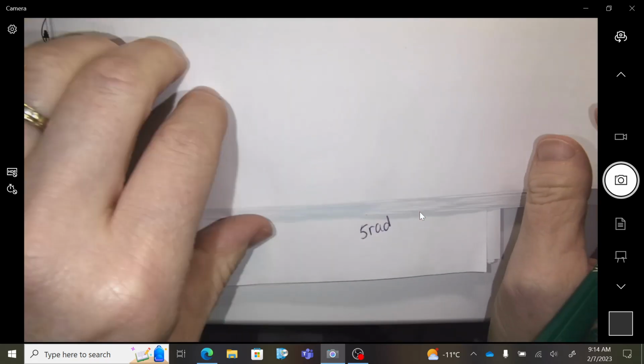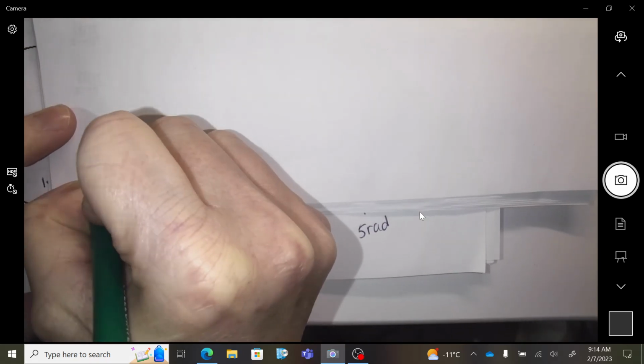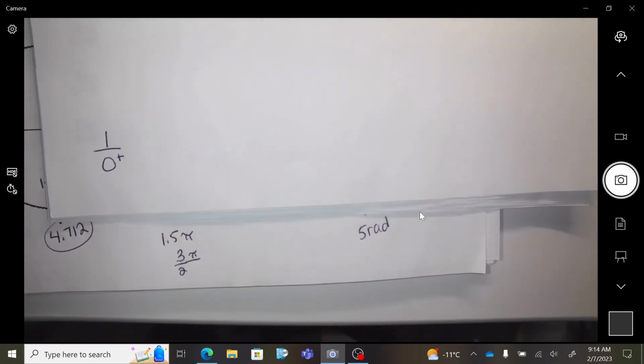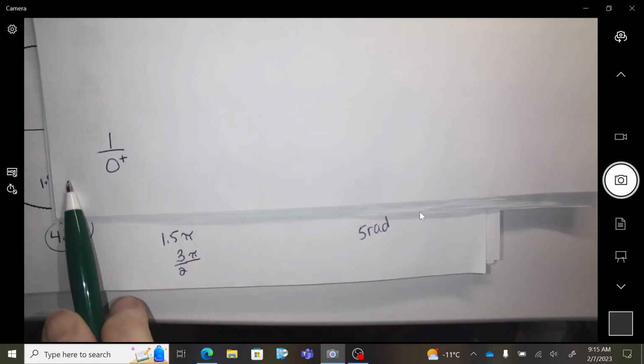Okay, I flipped to the next page and there's a little bit of room on the bottom, right? Okay, let's talk about this. What happens to a number that looks like this?